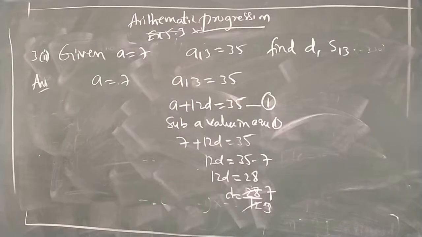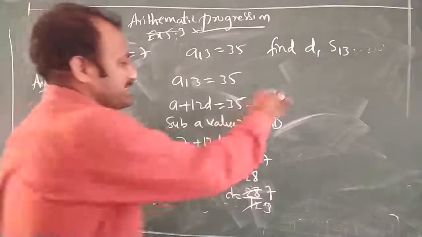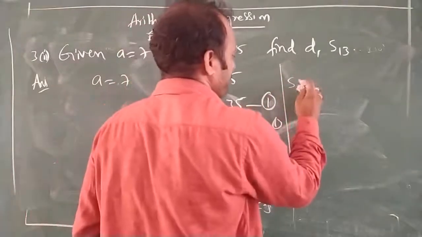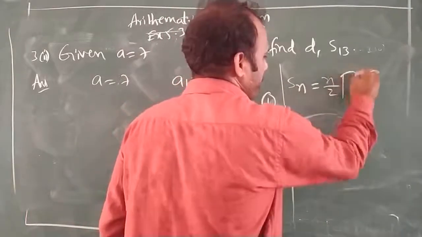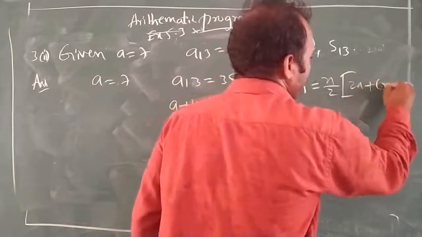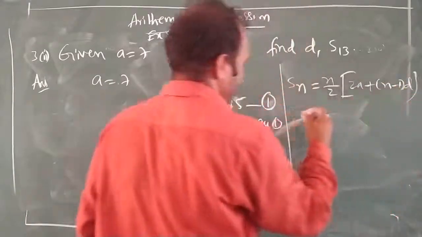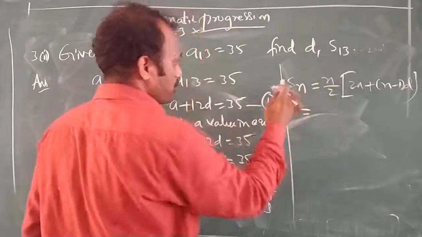Next, what do we need to find out? S13. For S13 we already have the formula. The Sn formula we can use. n by 2 into 2a plus n minus 1 into d. The n value is how much here? 13.